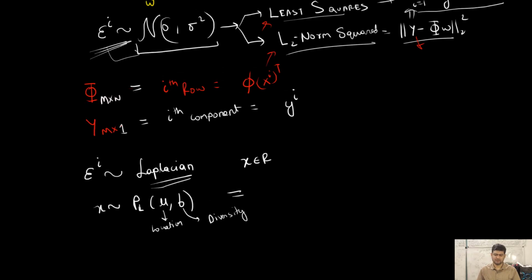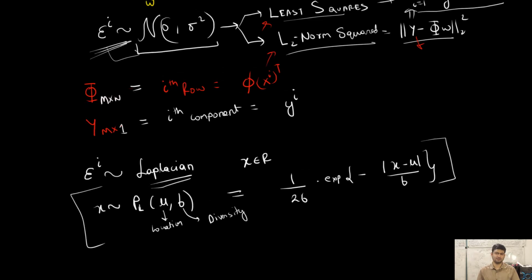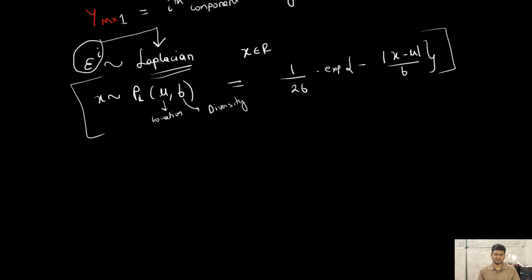The density is given by 1 over twice b times exp of negative absolute value of x minus mu over b. So this is the Laplacian distribution of a random variable x with mean mu and diversity b.